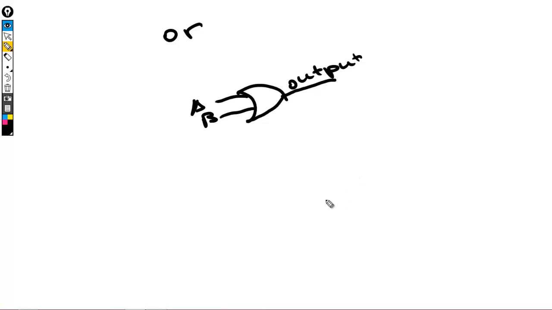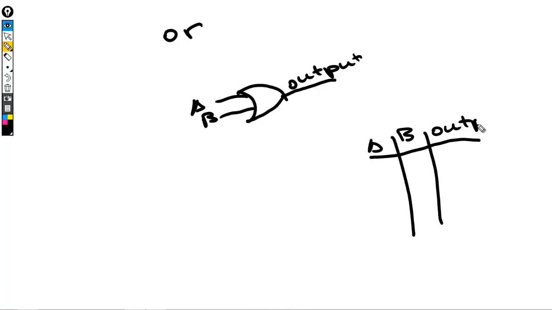Now you might be asking, what is a truth table? Well, a truth table is basically a table of A, B, output. A truth table dictates the states of each wire.